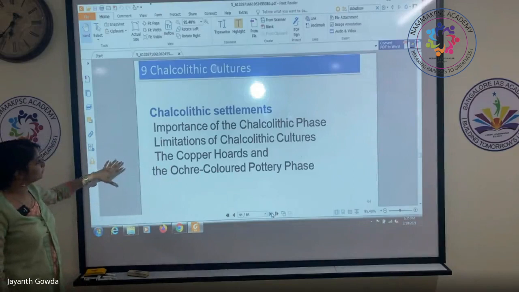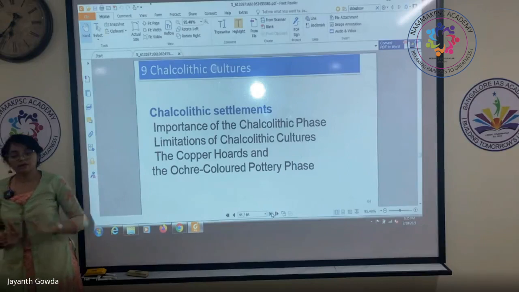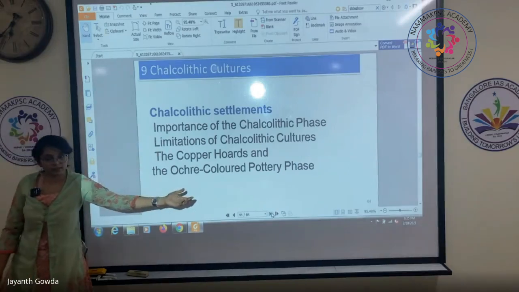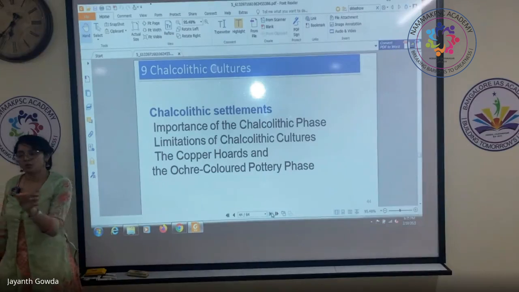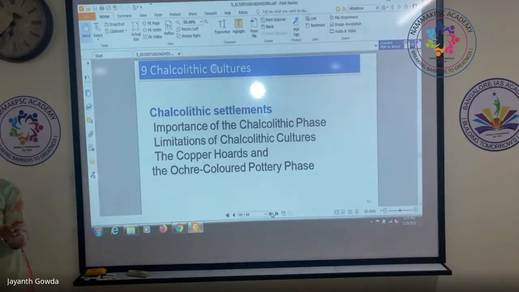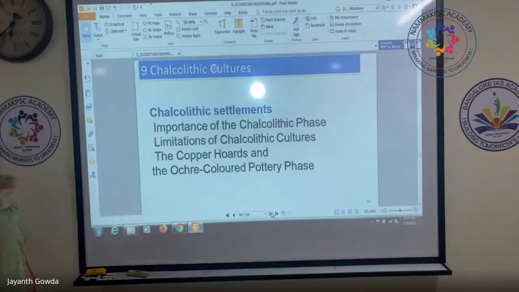Chalcolithic settlements in India can be categorized at places where they were pre-Harappan. Harappan dates coincide with 2500 BC to 1900 BC, so pre-Harappan is in and around 3000 BC. Post-Harappan is after 1900 BC.